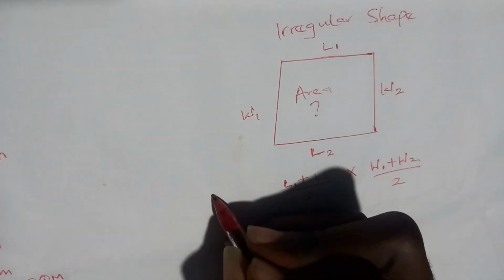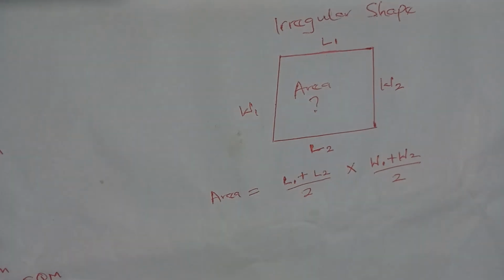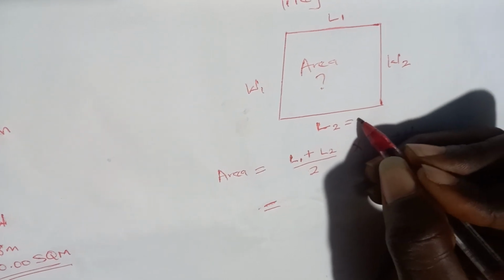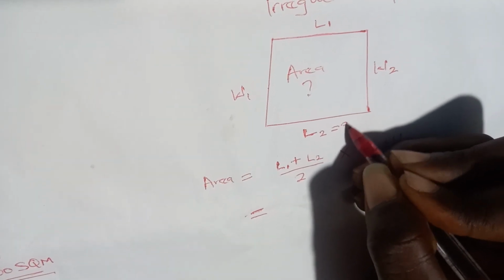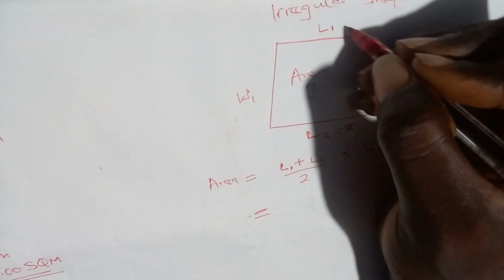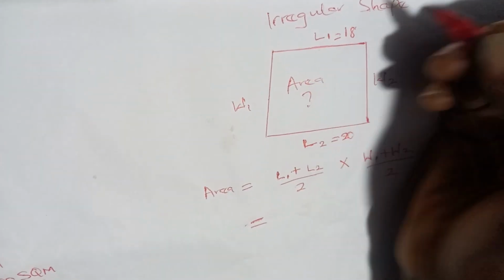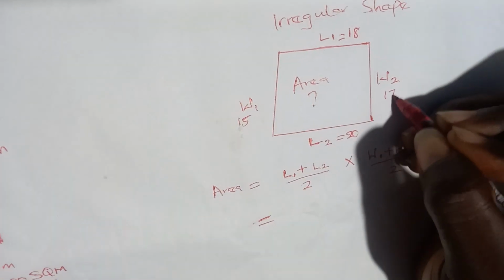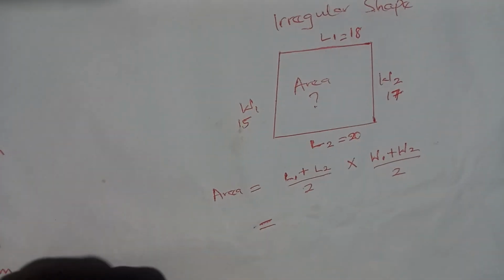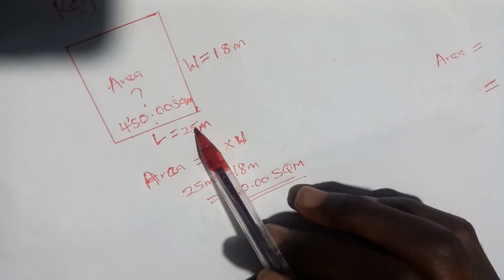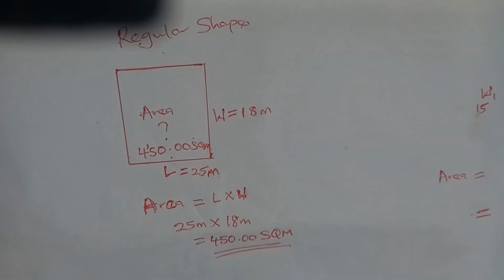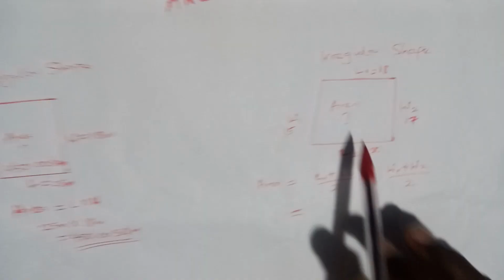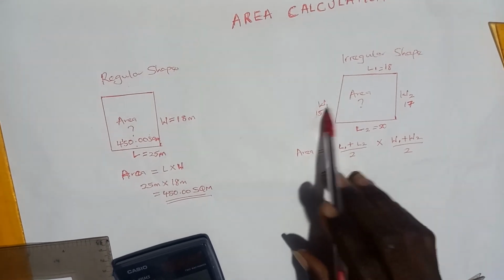That is going to give me my area. Assuming this is 20, and this is 18, this is 15 and this is 17. You can see it is irregular compared to this one that is regular, where this is 25 and this is 25, this is 18, this is 18. By the time you add it up, it's going to give you the same answer. But this is irregular, so that is why we have L1, L2, and width 1, width 2.